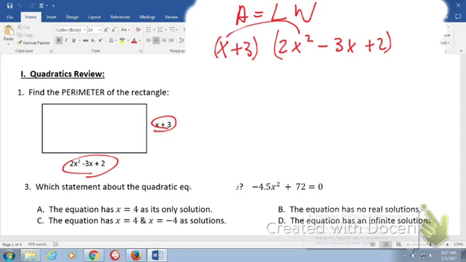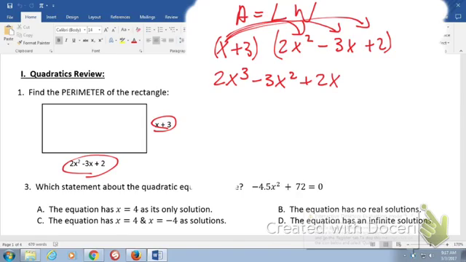So x times 2x squared is 2x to the power of 3, right? We just add another exponent. X times negative 3x is negative 3x to the power of 2, and the last one is just plus 2x. Now I multiply this times all of this.